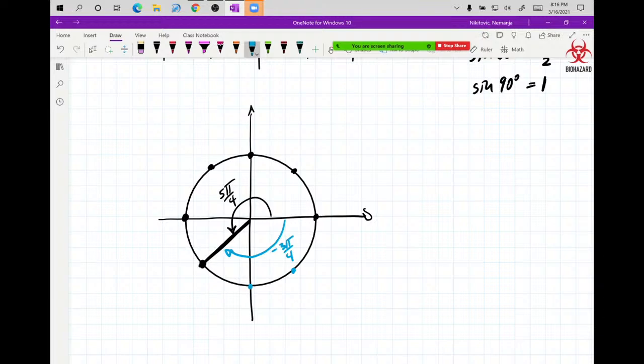So to get the same separation between the x-axis ray and the terminal ray that I have there, we can go the black route, which is 5 pi over 4, or the blue route, which is negative 3 pi over 4, to get to the same location.